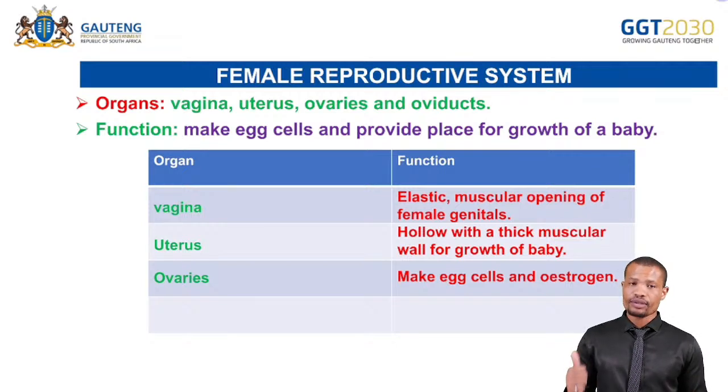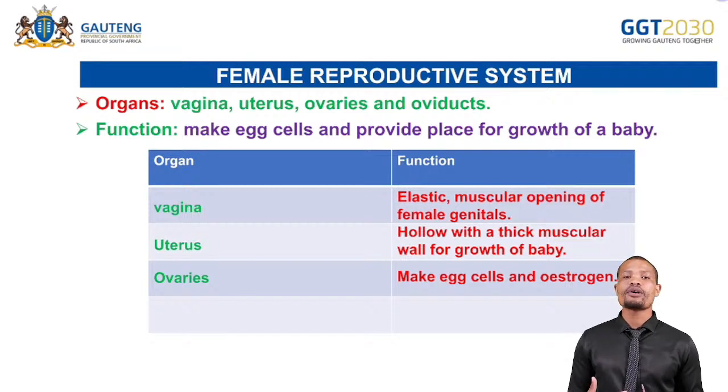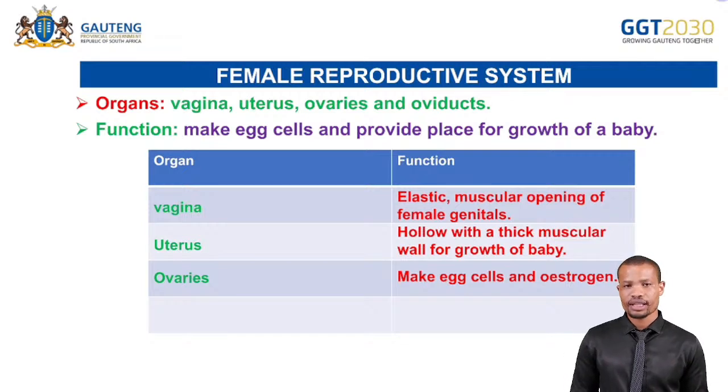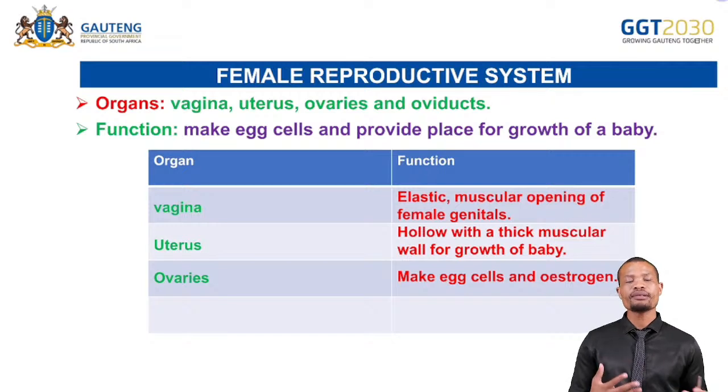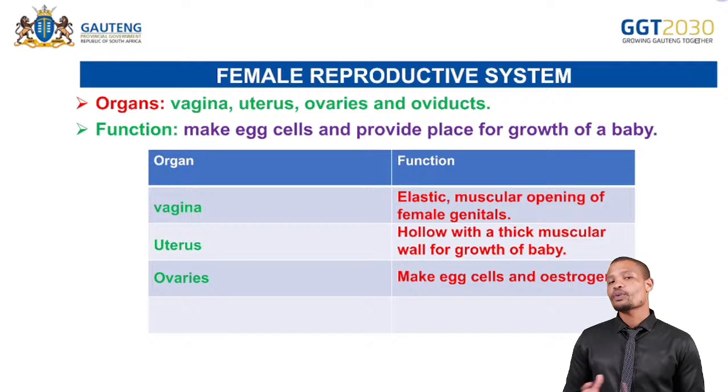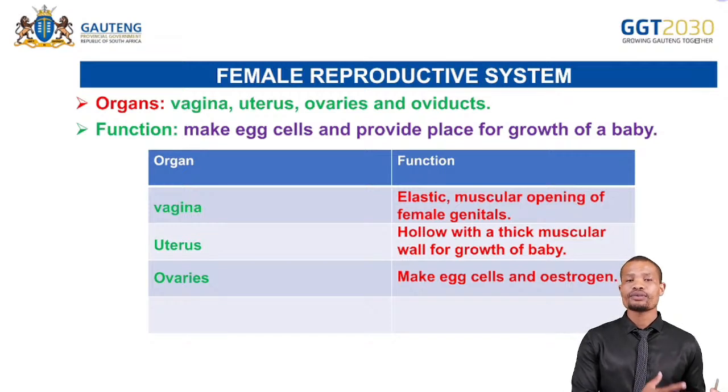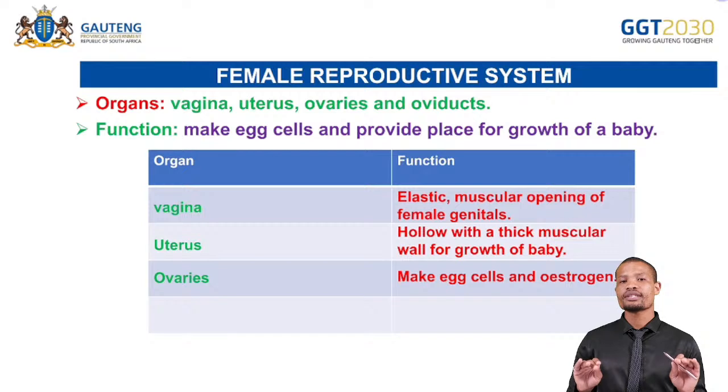And the estrogen is necessary for maintaining the maturity of the female body, and it starts being produced when puberty starts. It is the reason why female bodies look very different to male bodies, because male bodies have what? High testosterone, while female bodies have what? A high estrogen. And the functions of these two hormones are very different.